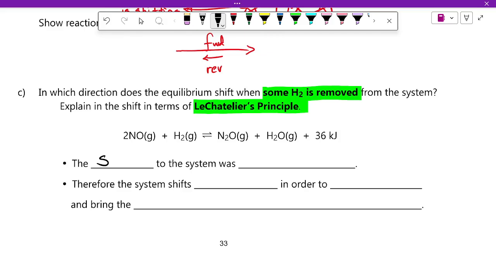What goes in that first blank? Stress. Remember, Le Chatelier's principle says when a stress is applied to a system at equilibrium, it shifts. So you should always say, what was the stress? What was the shift? What did we do? What did the system do?